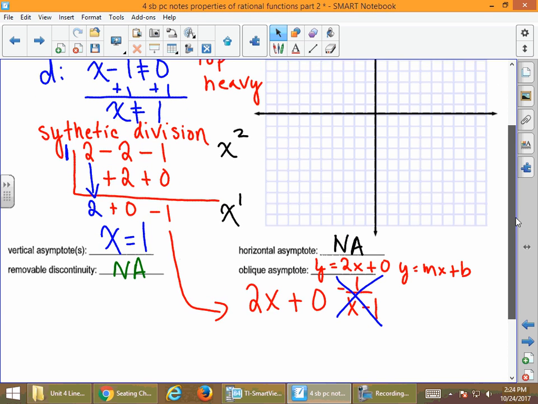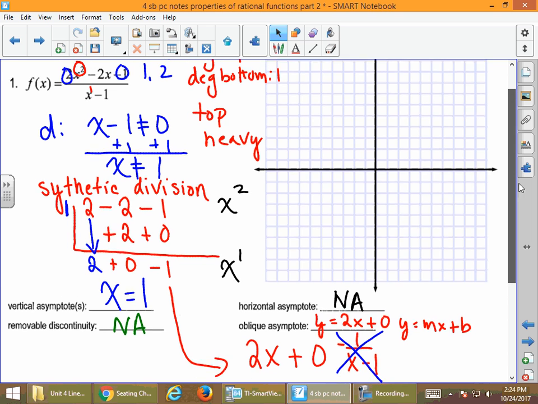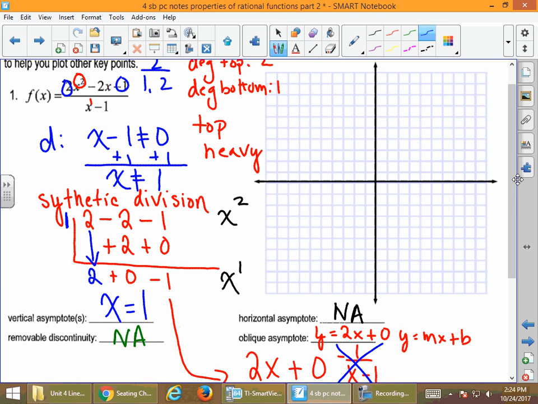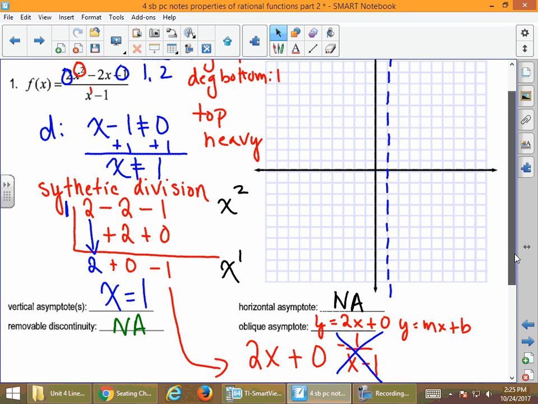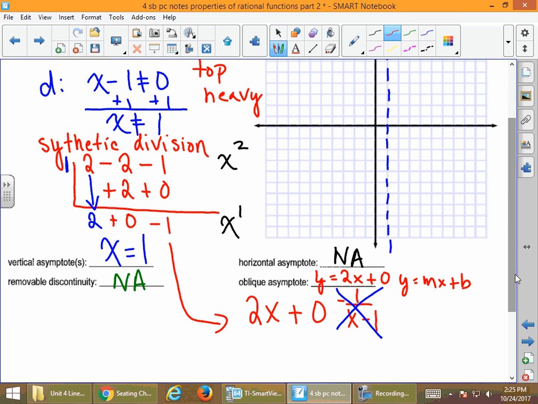So now what we need to do is draw a line. We've got a vertical asymptote at x equals 1. And we've got our oblique. And remember that with respect to the oblique here, the slope is 2 over 1. Our y-intercept is 0.